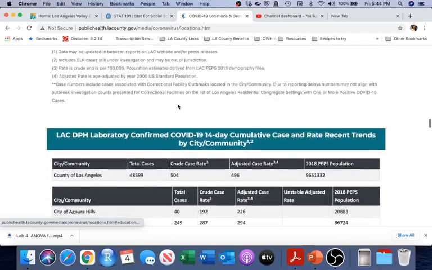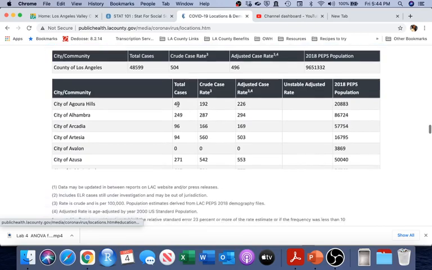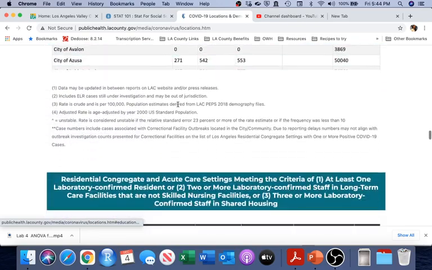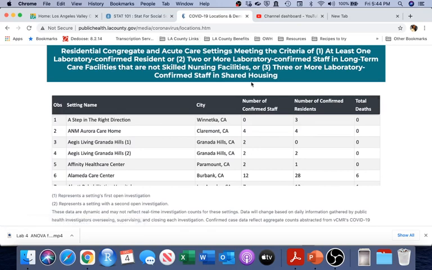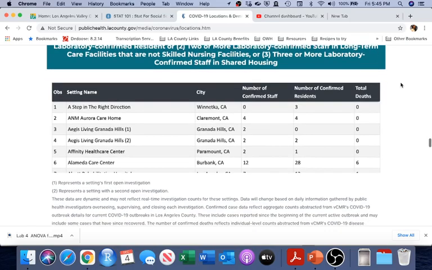Okay, and then, so this is again city community level. Okay, so I'm sure you guys have been following in the news, there's a lot of media on residential and congregate settings where there are outbreaks.